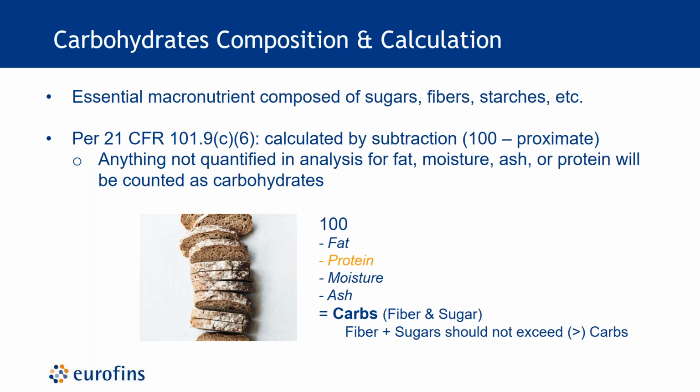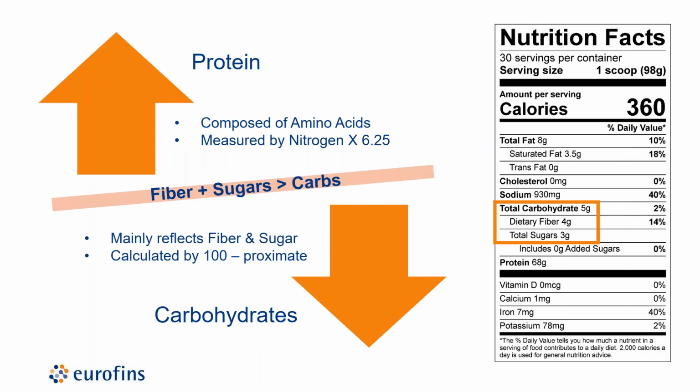That will make sense in a minute when I show you this graphic that I put together, which ties in all of the information that I've already presented and brings you to what the core issue is and what we're trying to address with our new service. Starting with protein, we know protein is made up of amino acids, and amino acids all contain nitrogen. So a quick way to determine protein is measuring nitrogen and applying a 6.25 factor.